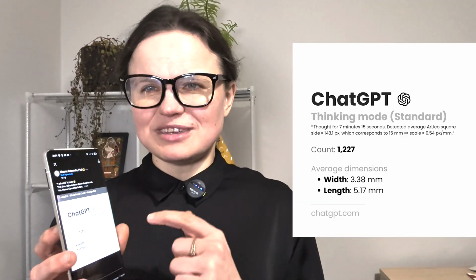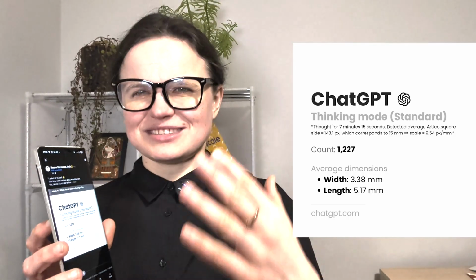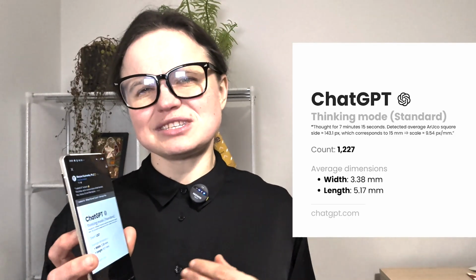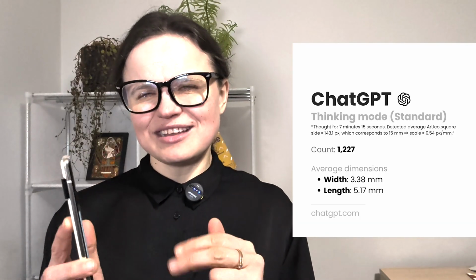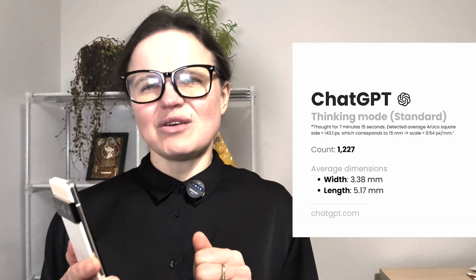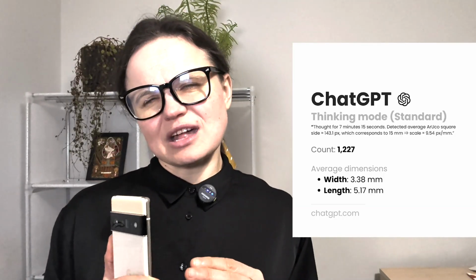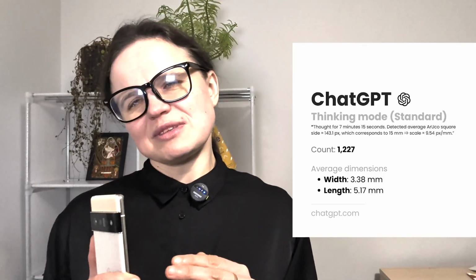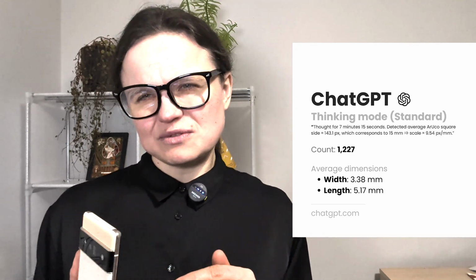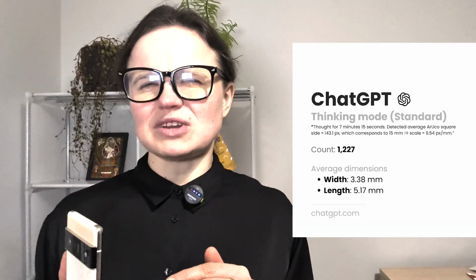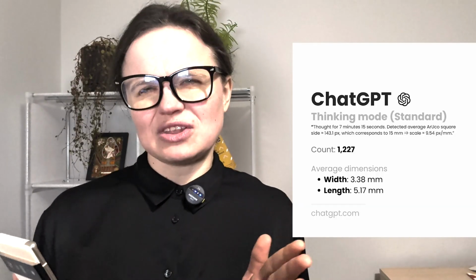ChatGPT was thinking for quite a long time, but the result was impressive. At the same time, I also asked about the area, and the area of the grain was not correct. This means that the area was not calculated in accordance with the irregular shape of the wheat kernel, but based on some traditional approach of using an oval area calculation, I suggest.